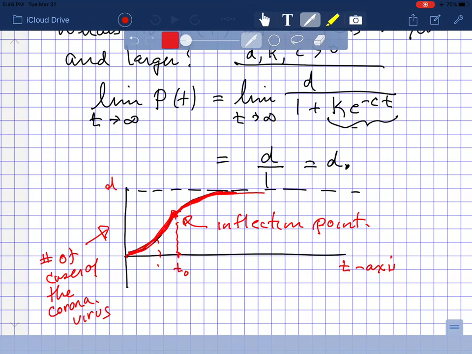So the more social distancing we do, the closer to this p-axis this inflection point is going to be, which is a good thing. Because not only do we want to hit the inflection point quickly so that this rolls off and becomes stable, but we want to make d as small as possible.